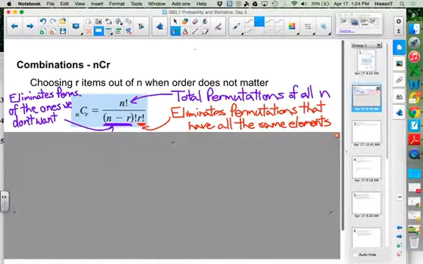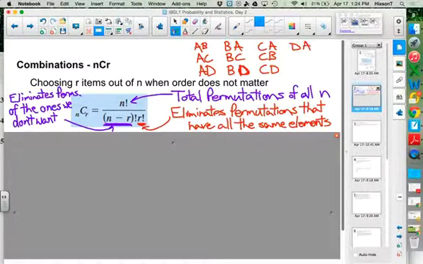So I could have A B, A C, A D. I could have B A, B C, B D. I could have C A, C B, and C D, and then I could have D A, D B, and D C. So those are all the different ways I could arrange in order 2 of the first 4 letters of the alphabet.